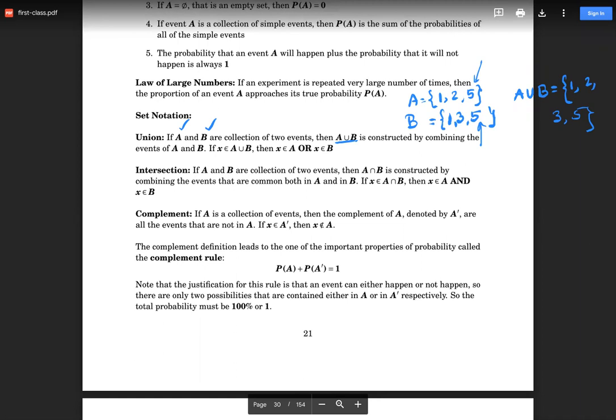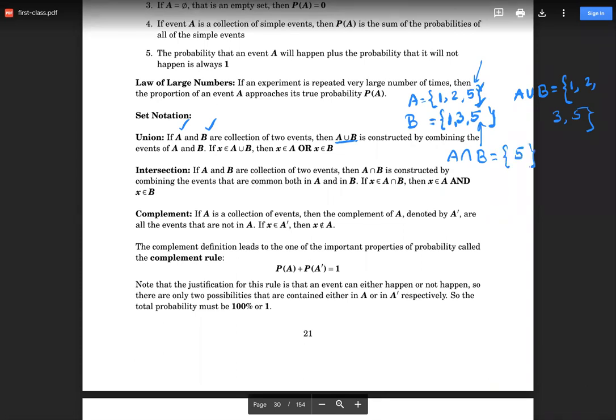So that's A union B. Now A intersection B, or sometimes we say A and B, means whatever is in A that is also in B. That means what is common in both of them. As it turns out, it's 5 that's common in both of them. So A intersection B is going to be {5}.